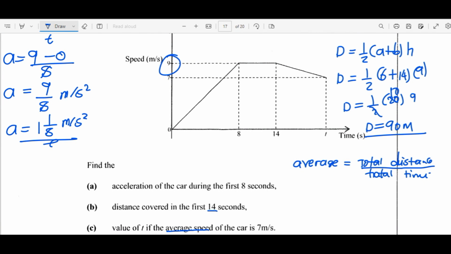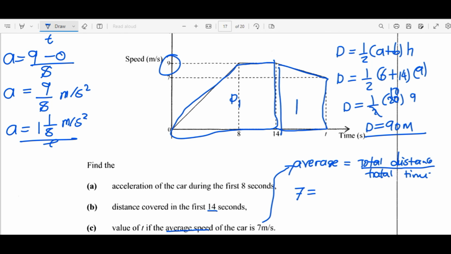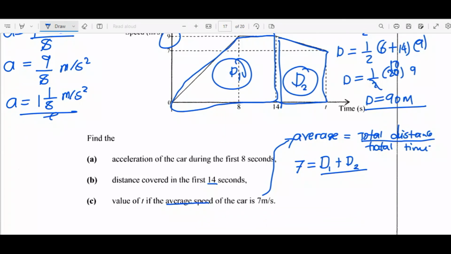The average we are given is 7. Remember, we have the distance for this. So I'm going to call this distance 1, then this will be my distance 2. So the total distance will be distance 1 plus distance 2, over total time.